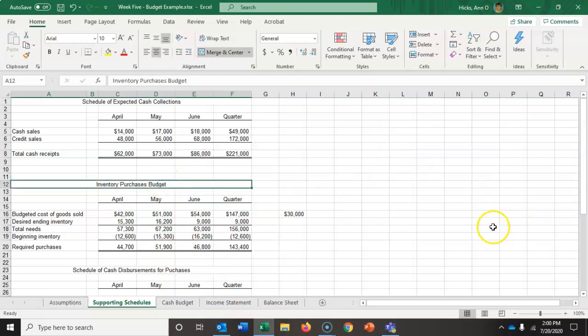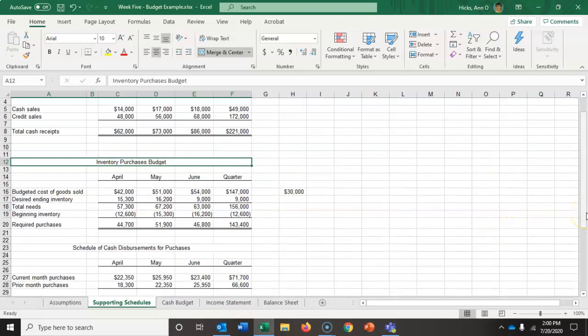The next supporting schedule is our inventory purchases. You may remember from earlier in the quad or from financial accounting, the equation that we use to calculate cost of goods sold is beginning inventory plus purchases, which represents goods available for sale, minus our ending inventory equals our cost of goods sold.